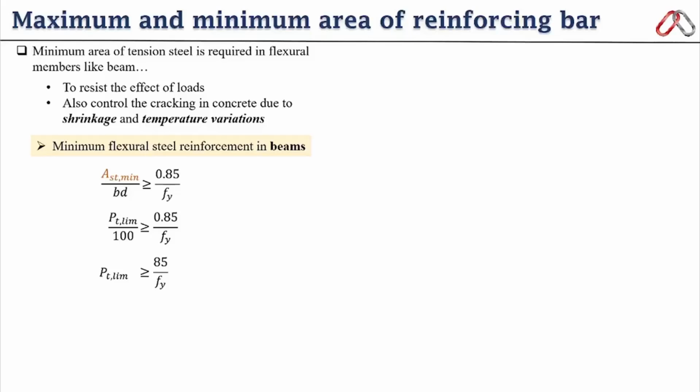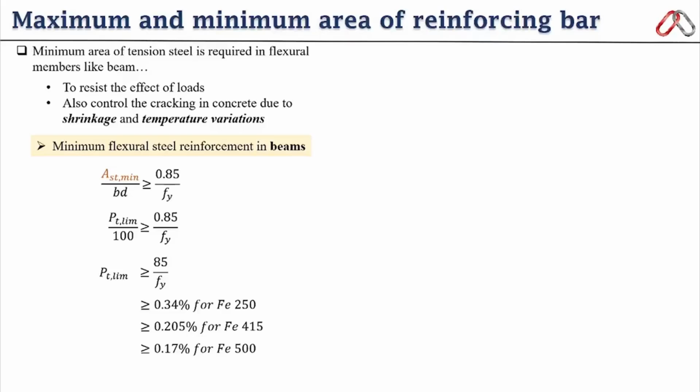Putting in the value of different grades of steel, the percentage limit will be as follows. It should be greater than 0.34% for Fe250 steel, greater than 0.205% for Fe415 steel, and greater than 0.17% for Fe500 steel.